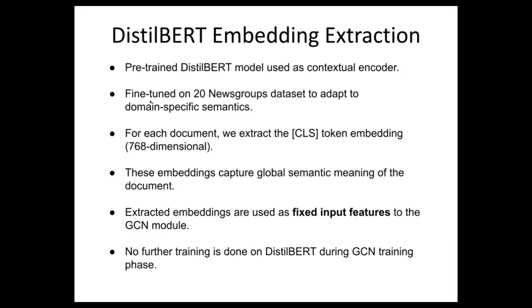This gives us a 768 dimensional vector that summarizes the semantic content of the entire document. These embeddings are used as fixed feature vectors, and we don't update DistilBERT any further when we train the GCN. This makes our pipeline more efficient and less computationally intensive, while still benefiting from the rich contextual understanding that transformers provide.